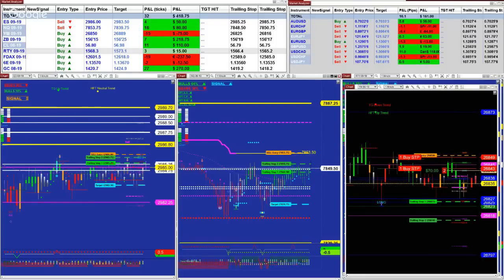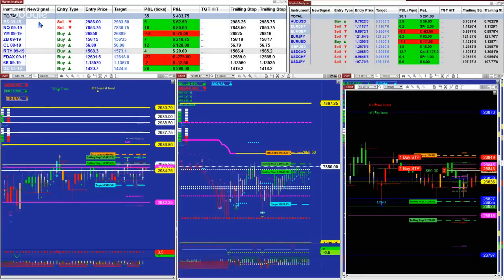Always keep your eye on the first upper column here on the left side, and then the new signal will plot here in the empty box, and it tells you buy or sell. It tells you the entry and the target, so you can help yourself without me calling anything for you.